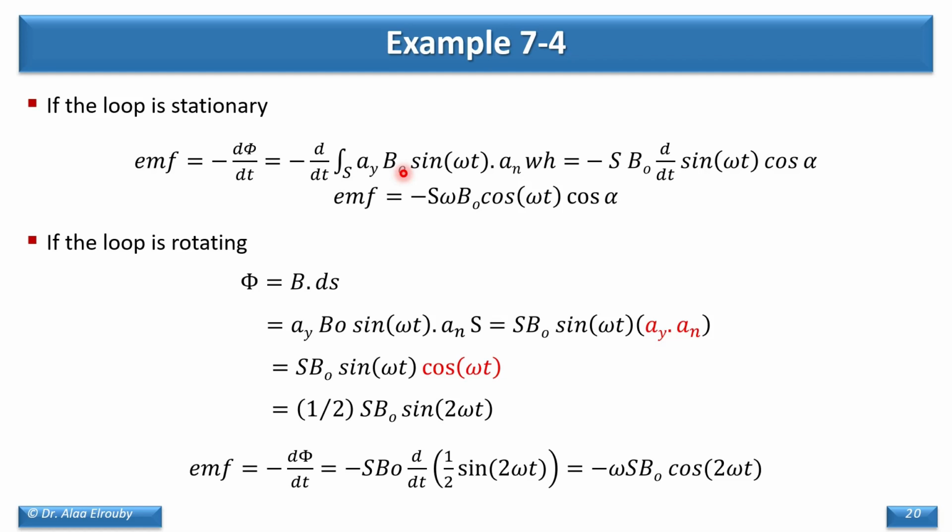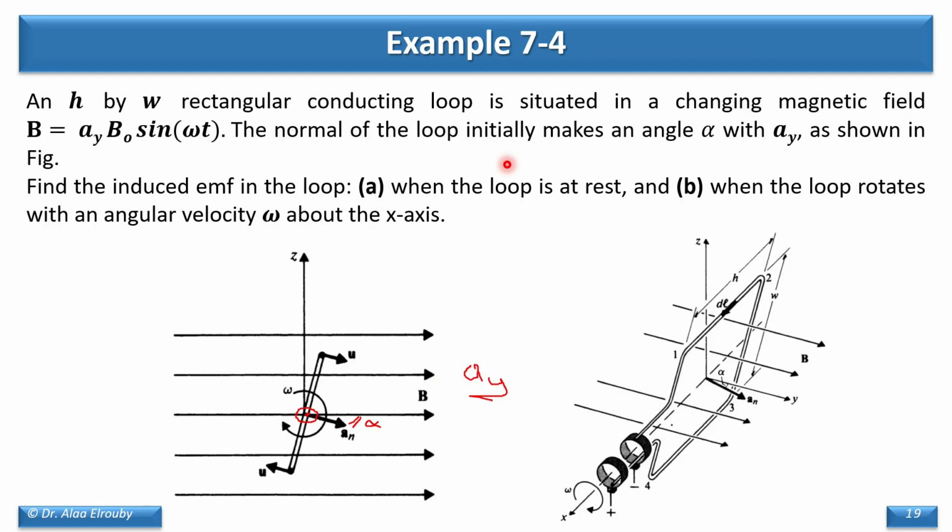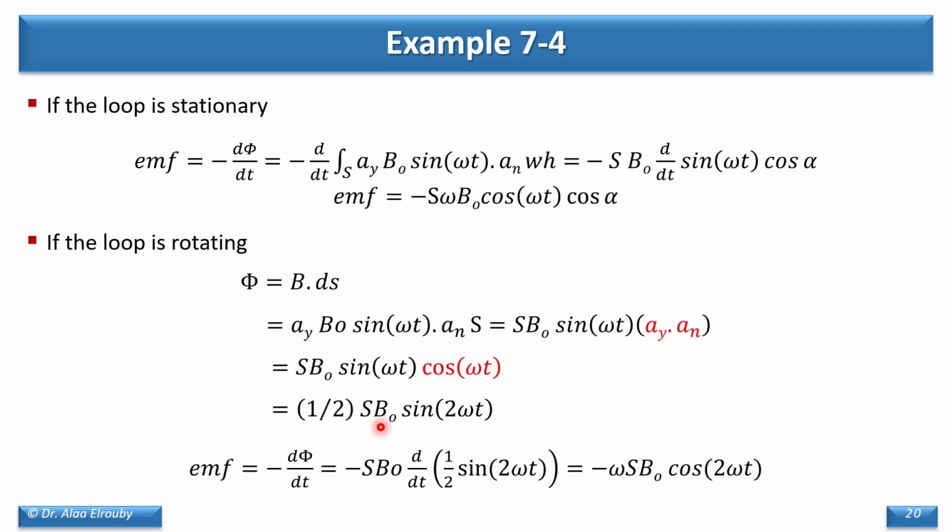It's not DC, but constant amplitude, just varying with time. So the field across all the loop surface area is the same. a_y dot a_n is very important to find. This is a_y and this is a_n. The dot product of them equals cosine alpha.